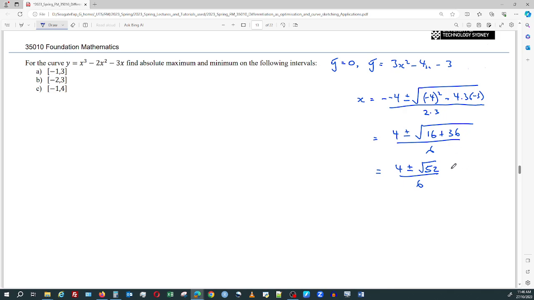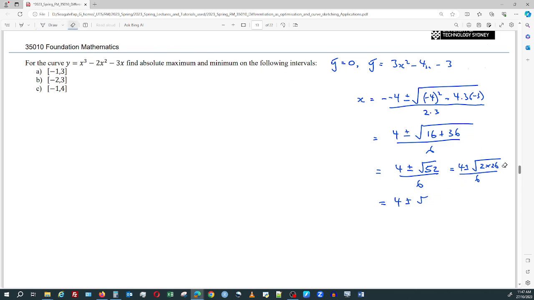So that can be expressed this way. 2 by 26. And the reason that we do that is because we can do 4 plus or minus root 2 by 13. Sorry, it's 4 by 13. Nearly.